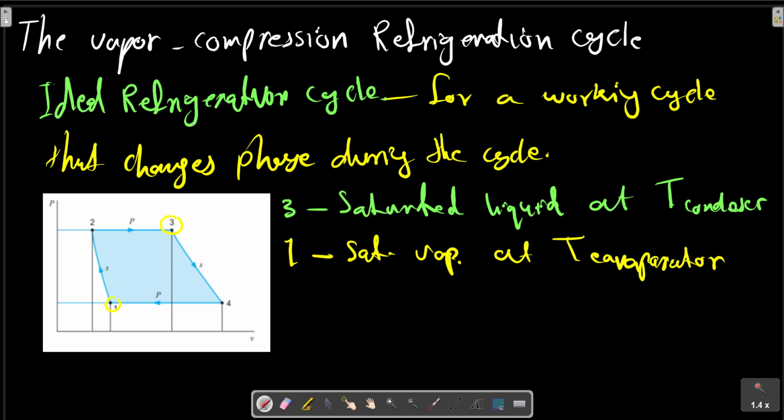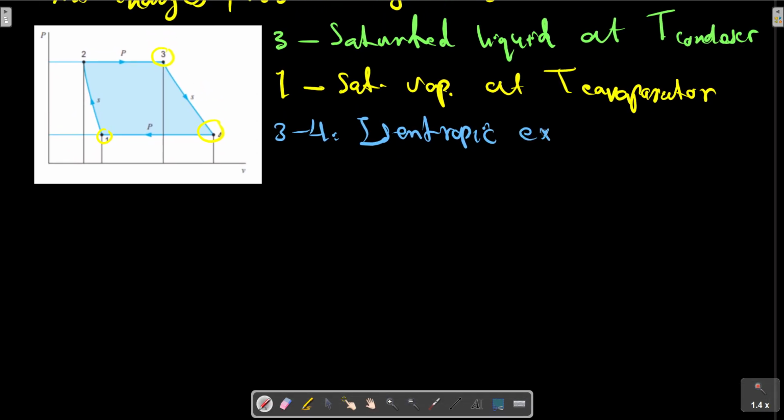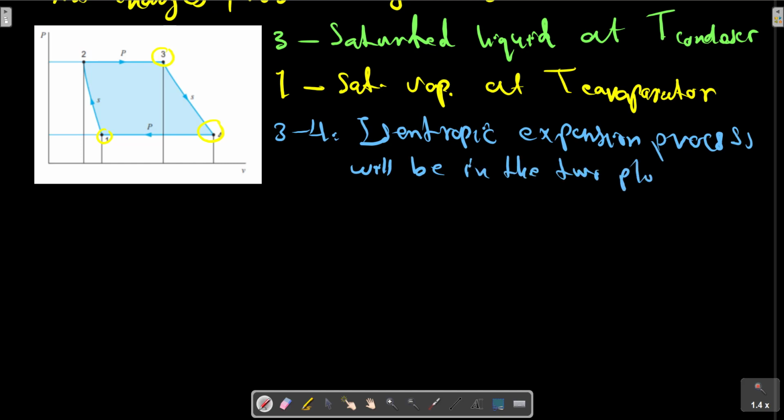This means that the isentropic expansion process from 3 to 4 will be in the two-phase region, and the substance will be mostly liquid.